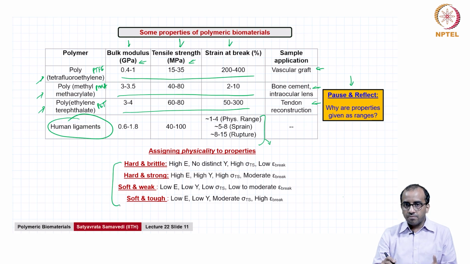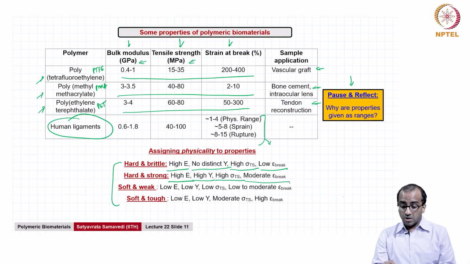When you talk about a material that is hard and brittle, you are talking about a high elastic modulus, no distinct yield, high tensile strength and low strain at failure. And we have seen that one example of that is PMMA. You can also have hard and strong, where you can have high elastic modulus, high yield, high tensile strength and moderate strain at break.